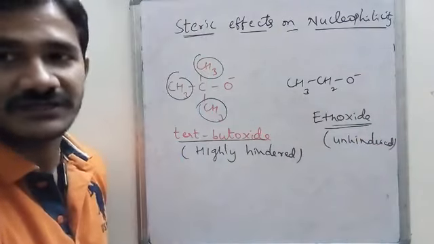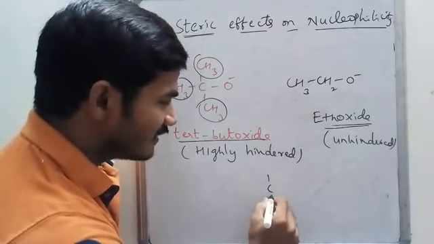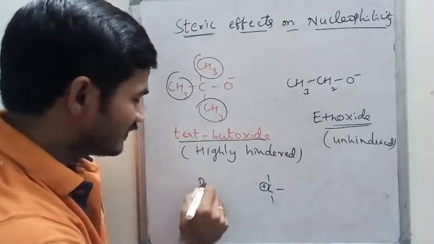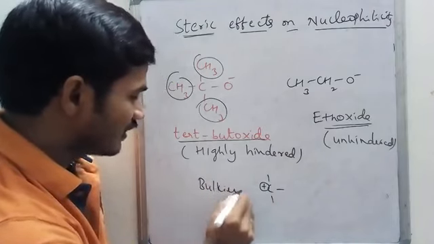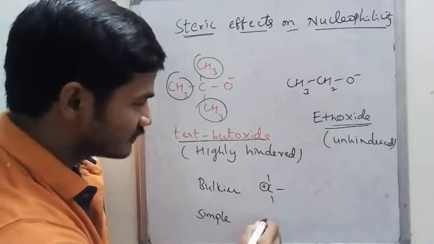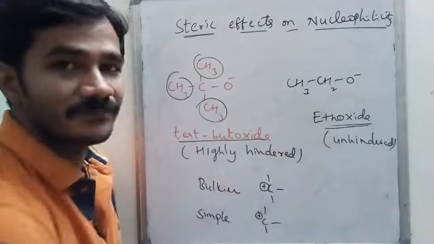So what happens here is, when the molecule is bulkier, our main intention is what? It has to form a new bond with carbon. If I take the bulkier molecule and the simple molecule, this is the bulkier and this is simple.